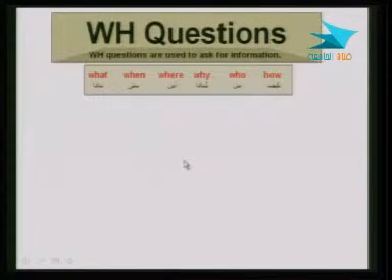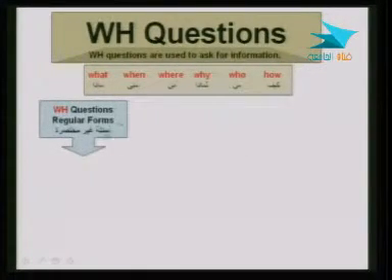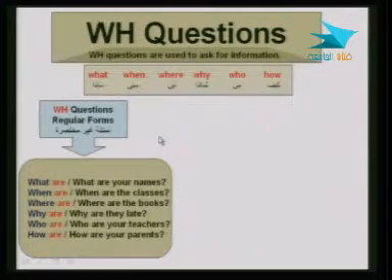We'll also have plural. WH questions are used, as we said earlier, to ask for information. WH questions, regular forms, again, and these are not in short forms. What are your names? When are the classes? Where are the books? Why are they late? Who are your teachers? How are your parents? These are in regular forms.